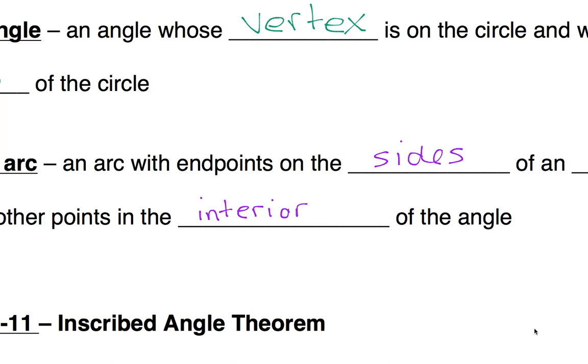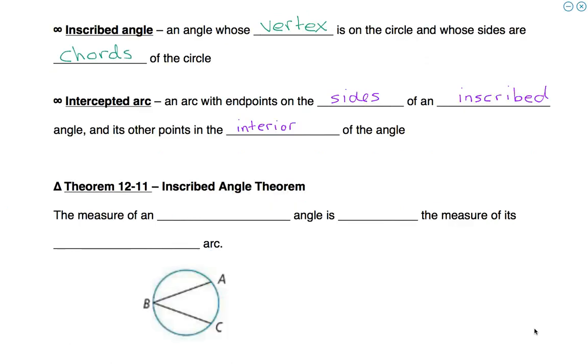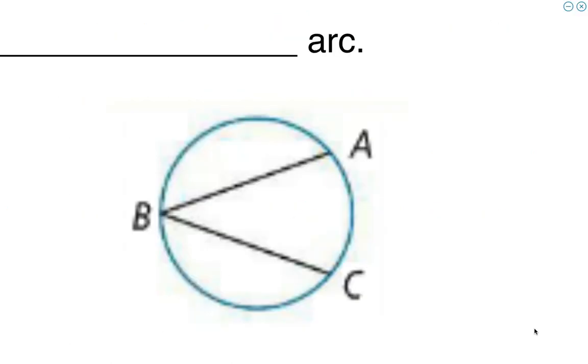Keep in mind, a lot of these definitions are more complex, hard to visualize. Once you visualize it, it's a little bit easier. So basically we have our inscribed angle, and so here's the intercepted arc. Here are all the points that are on the interior of that inscribed angle, and then here are those endpoints that we're talking about.